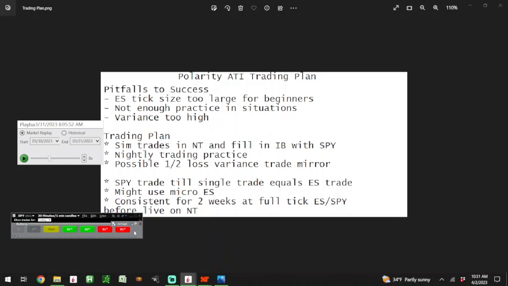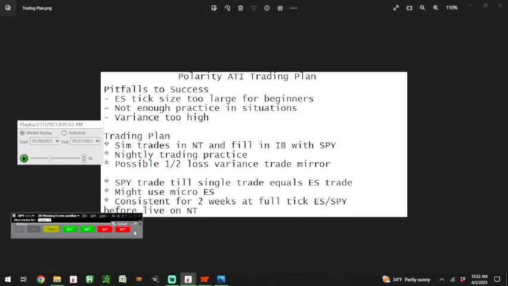The other thing is, how long am I going to do SPY? Getting one SPY equivalent of an ES contract is quite a lot of money, because one contract of ES is around $400,000. So I'm going to SPY trade ES pretty closely until I max out my account.